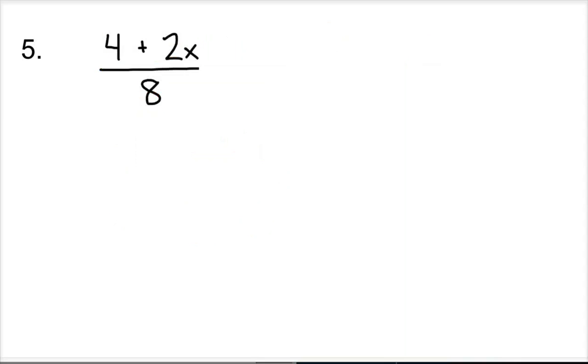The next example, number 5, is very similar to number 4. So we have the quantity 4 plus 2x, and we're dividing the whole thing by 8. So again, I'm going to rewrite this as a multiplication problem. Instead of dividing by 8, we're going to multiply by 1/8. So it would be 1/8 times the quantity 4 plus 2x.